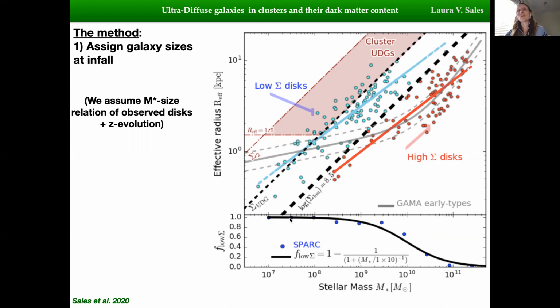And you can see over here the fraction as a function of stellar mass. Then we took all the halos that were infalling in our clusters, and we know the stellar mass from the object. We trust the simulation that much, but then we just corrected the size to be inspired by these observations.